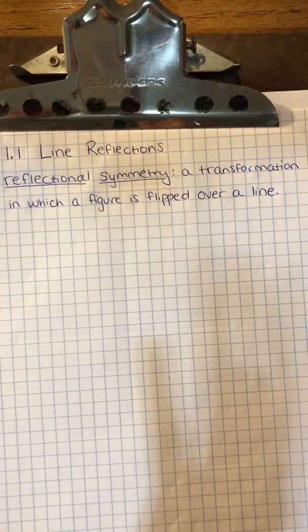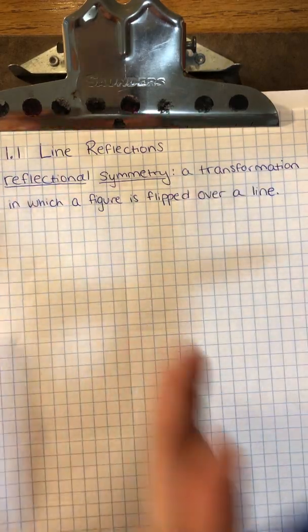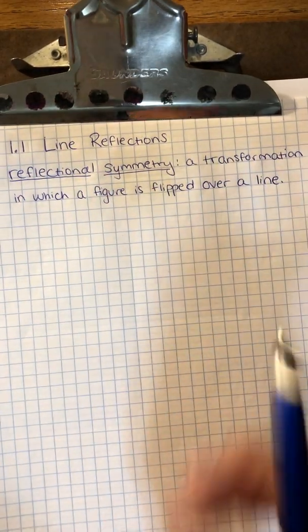Reflectional symmetry. So just like that Valentine I mentioned, you paint on one half of the paper, you fold it in half, and it gets flipped over onto the other side.